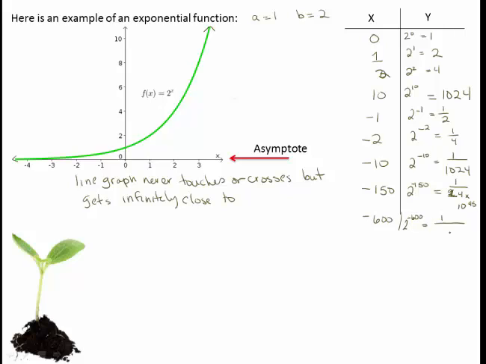And see, my calculator won't even do that because it's such a large value down in the denominator. But you can see that we can never put in a number to where we'll actually hit that x-axis. There is no exponent that I raise 2 to that will give me a 0. This does not exist. And that's what creates the asymptote.